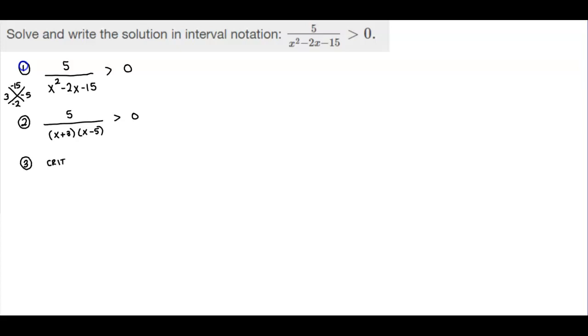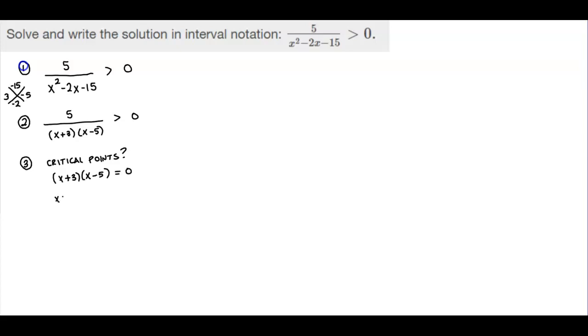Now we can determine what the critical points are. We need to look at what's in the denominator, because in the numerator we don't have an expression, we just have a constant. So therefore, x plus 3 times x minus 5 is equal to 0.